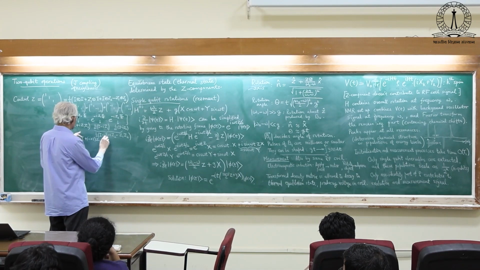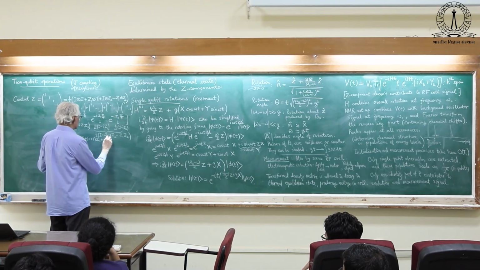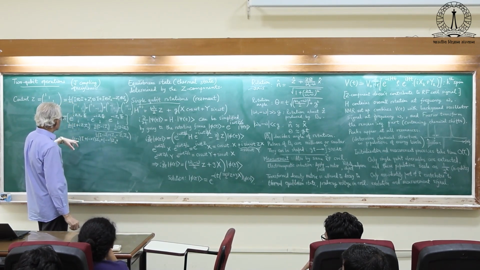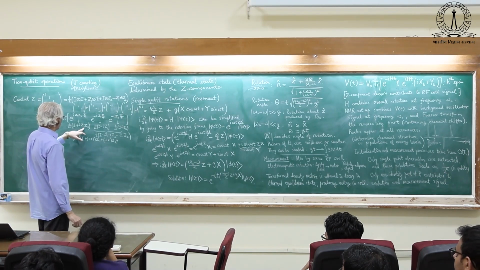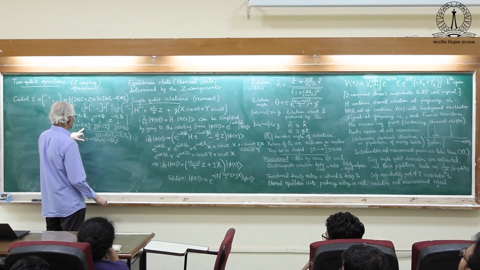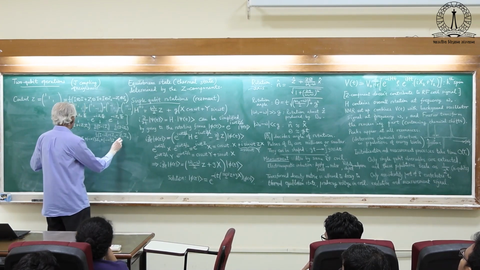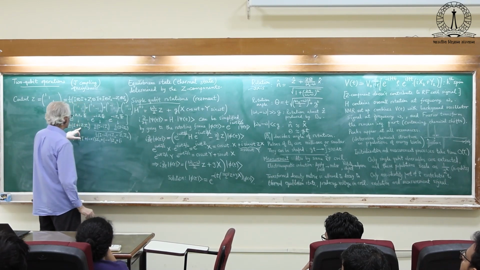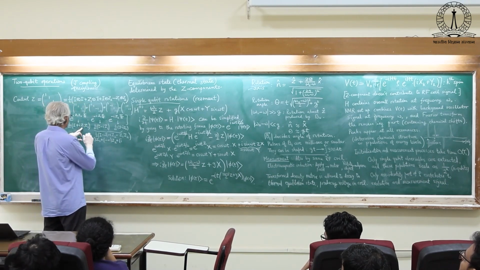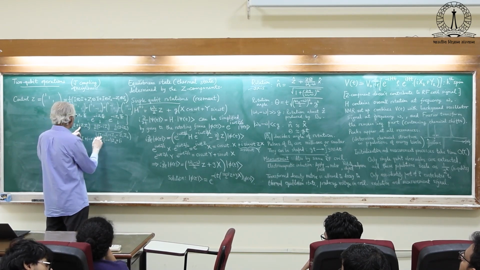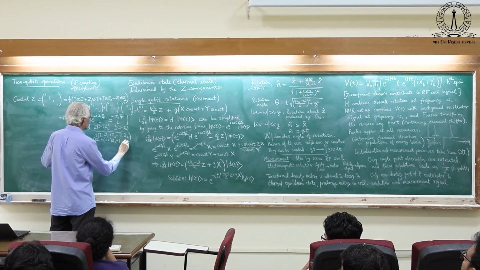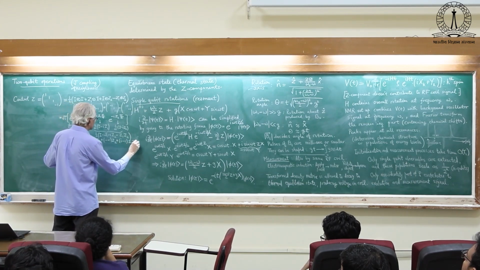Then the Z2 term will be similar. It will be again minus I plus 1 times Z2, and then this last term, which is proportional to Z1, Z2, which has a coefficient of I, and coming from this multiplying with this, and this multiplying with this gives minus 1 times Z1, Z2.